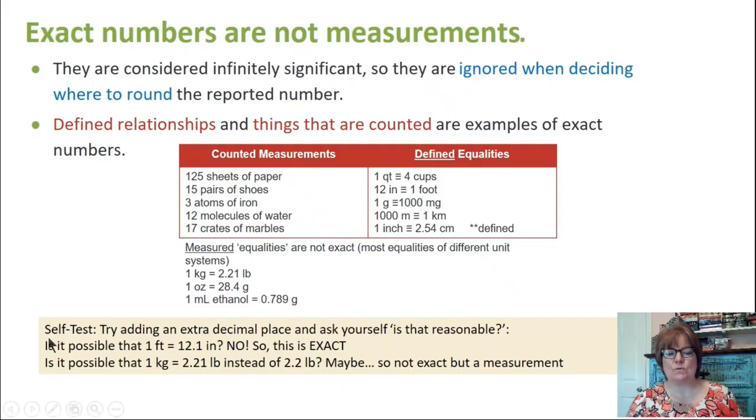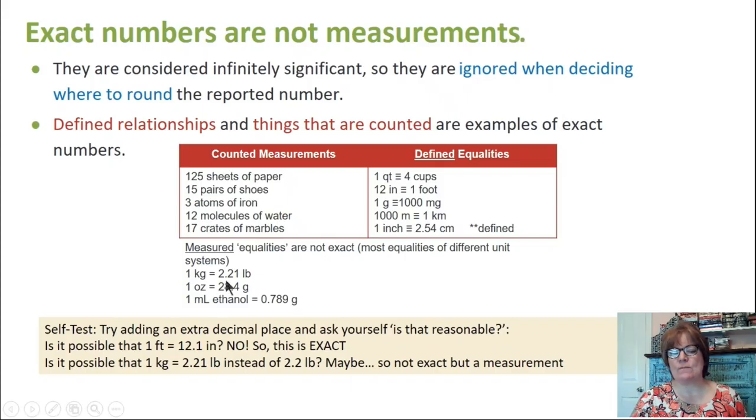So where I round that number is actually, that is a measurement, and so that one does have significance. So one of the tests would be, try to add an extra decimal place of a 1 and see, does this make any sense? So when I say 12 inches equals 1 foot, the question is, could it be 12.1 inches equals 1 foot? No, that doesn't make any sense, right? It's exactly 12 inches. So that means the 12 is considered an exact number, so is the 1 in the 1 foot.